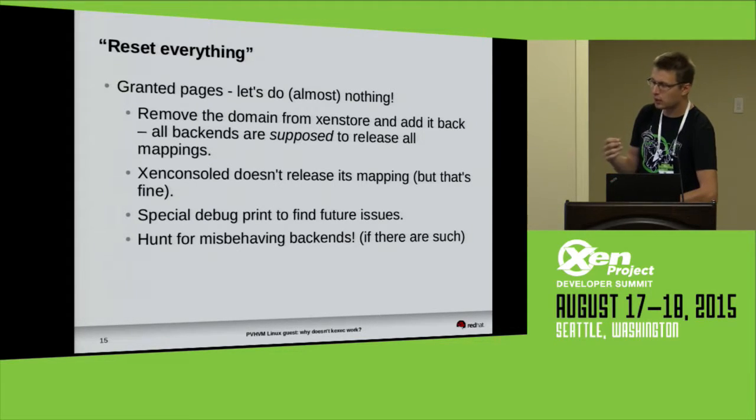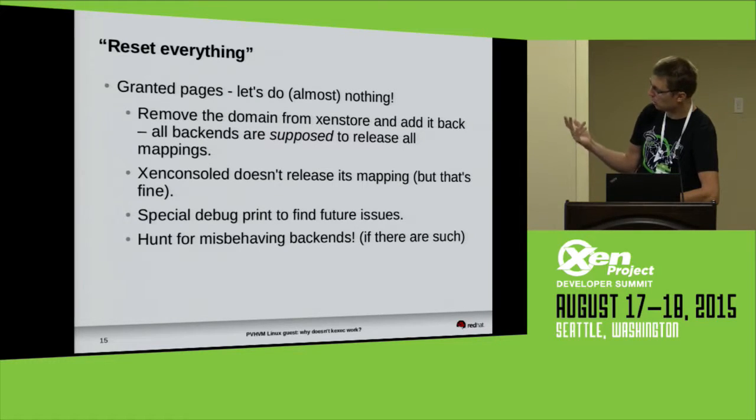Backends are supposed to register special watches on Xenstore, and when our domain dies, they're supposed to unmap all granted pages. Otherwise, the pages can't be freed while they're mapped, and our domain will remain in a zombie state. As we know that they usually do that, let's reuse this, and just remove our domain from Xenstore.